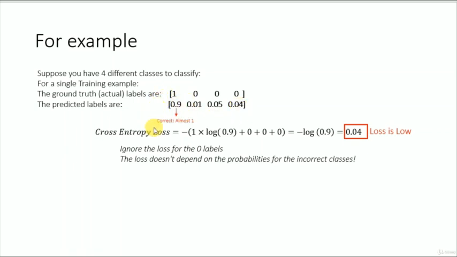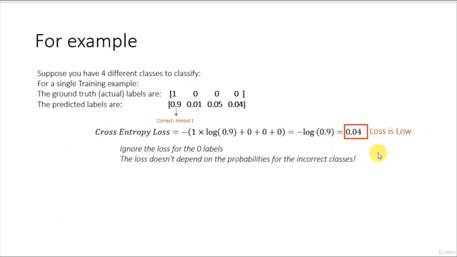If we calculate the cross entropy loss, we have our correct label, which is 1, times the logarithm of your predicted probability, which is 0.9. So it's basically the logarithm of your probability, log 0.9. Taking the negative sign, you'll get 0.04.